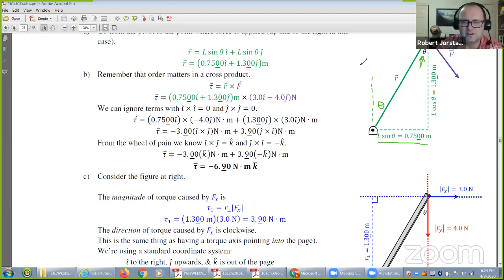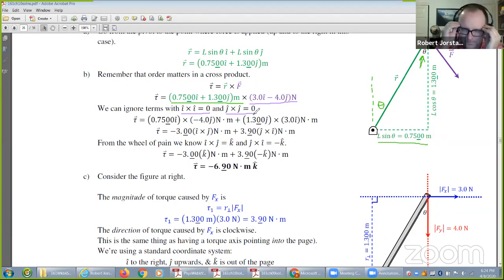This is why we did all that boring chapter 3 stuff. There's my R vector. Here's my F vector. When I'm doing the cross product with the wheel of pain, I ignore I cross I and J cross J. Remember, I dot I is 1. I cross I is 0.